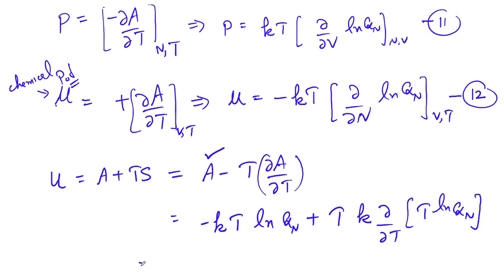When I solve this, it comes out to be minus kT log Qn plus kT, which is a constant.